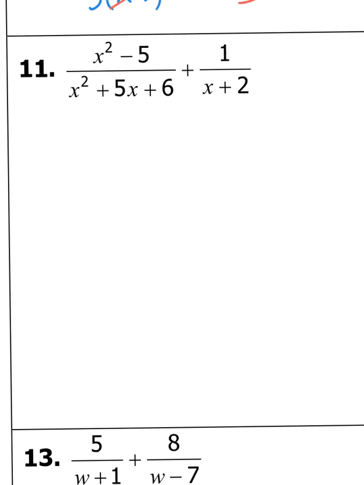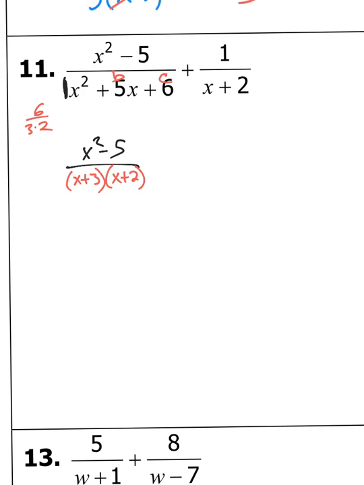I'm looking and saying, obviously unlike denominators, so let's try and factor the first one here. My a is 1, so I'm just saying, what are my factors of c that add up to b? What are my factors of 6 that add up to 5? That would be 3 and 2. So on the bottom I have x plus 3, x plus 2.